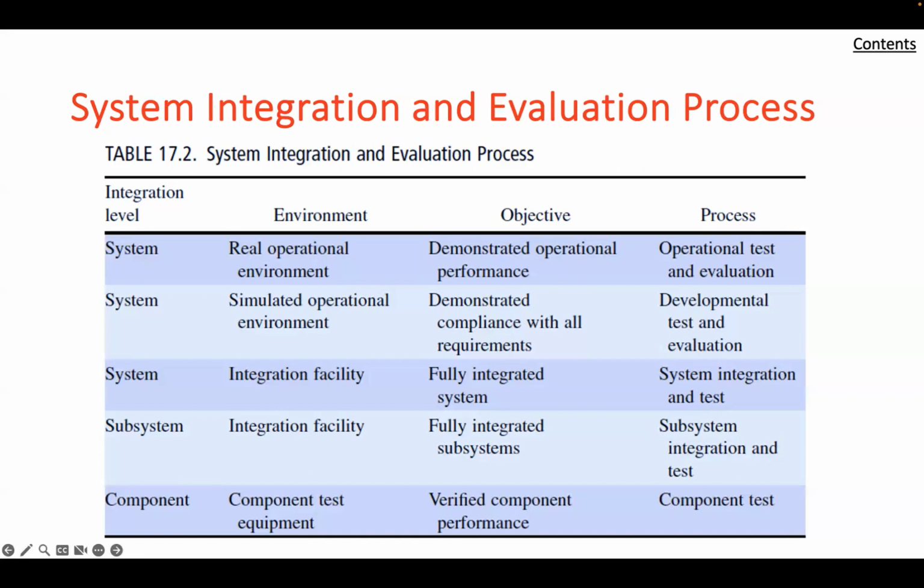Thus, as noted before, in the integration and evaluation phase, the process of materialization refers to the system as a whole and represents the synthesis of the total operational system from the previous physically materialized components.